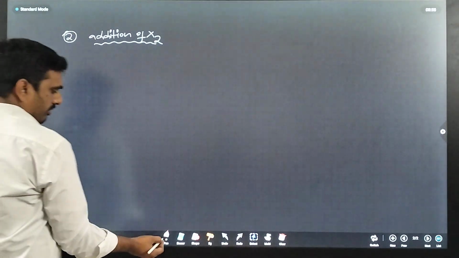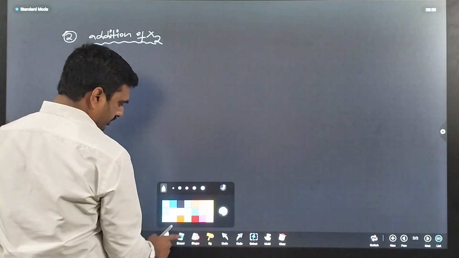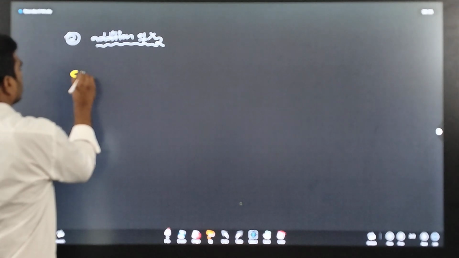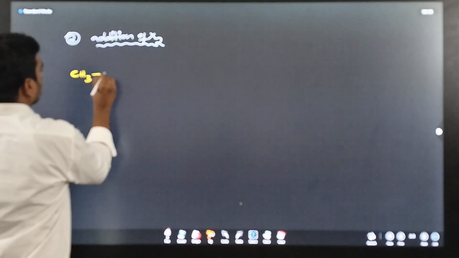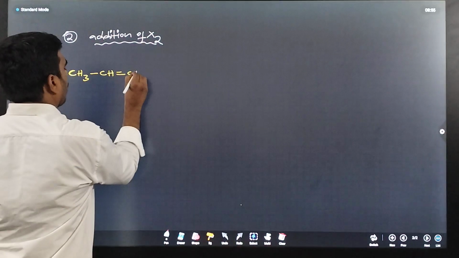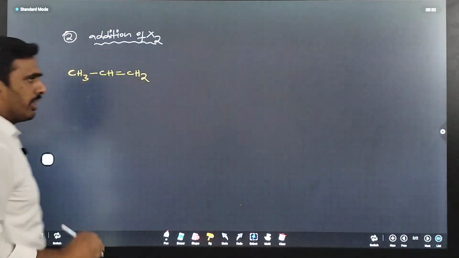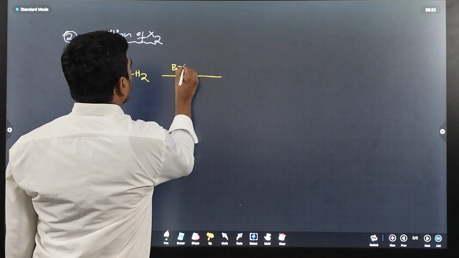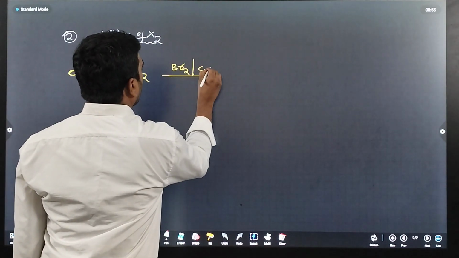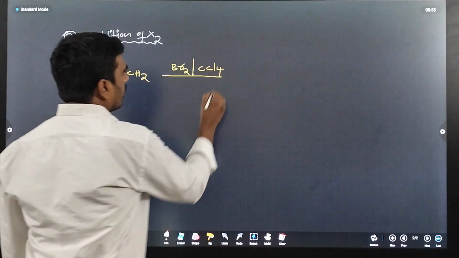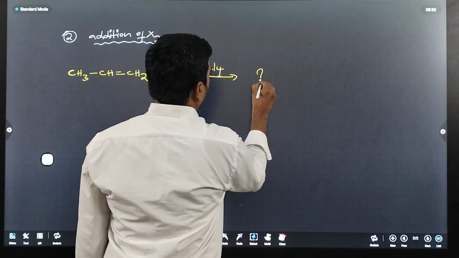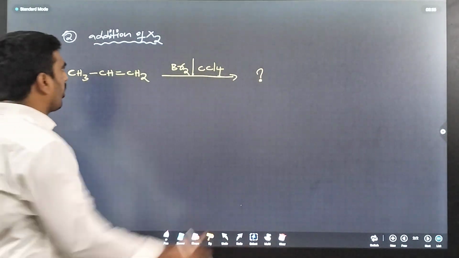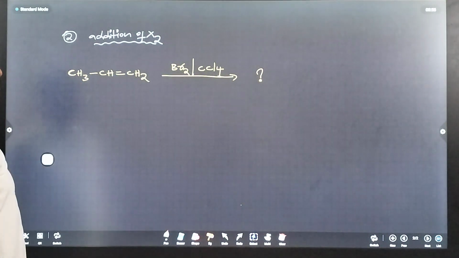I can take here an alkene, propene, which is an unsymmetrical alkene, with Br2 and CCl4. Which product is obtained? Generally alkyl halides are obtained in this reaction.